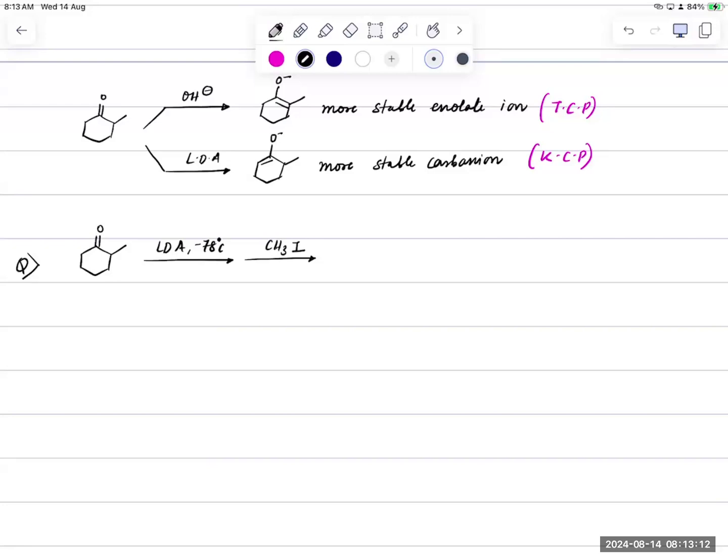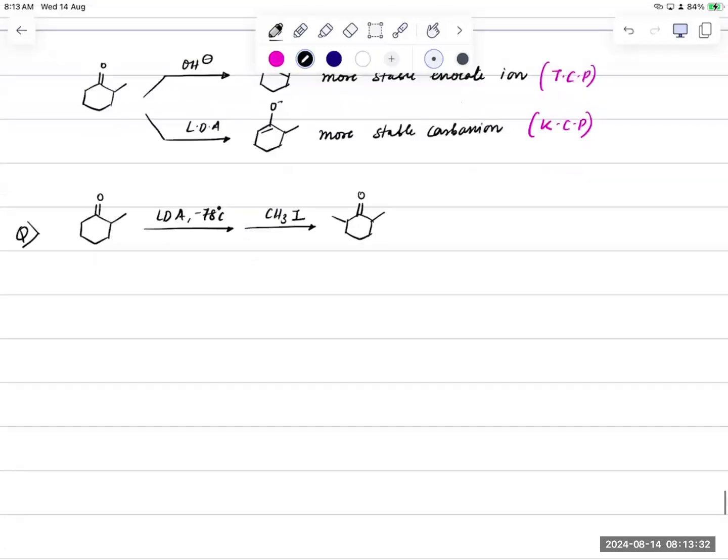Because LDA is a strong base, it would prefer to give more KCP product. So we will get a minus charge here and that minus will connect onto the methyl. What is the product you will get? You will get this as double bond O. One methyl is already there and one more methyl will come to bond. These are the two methyls which you will get.